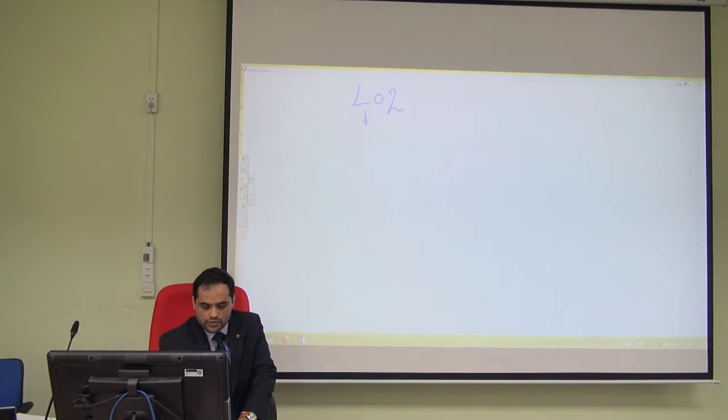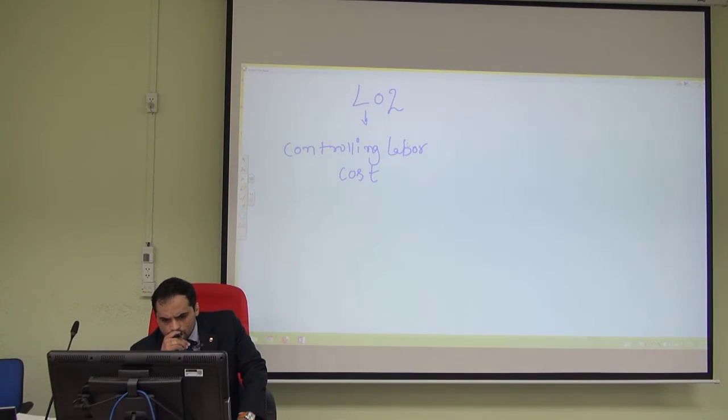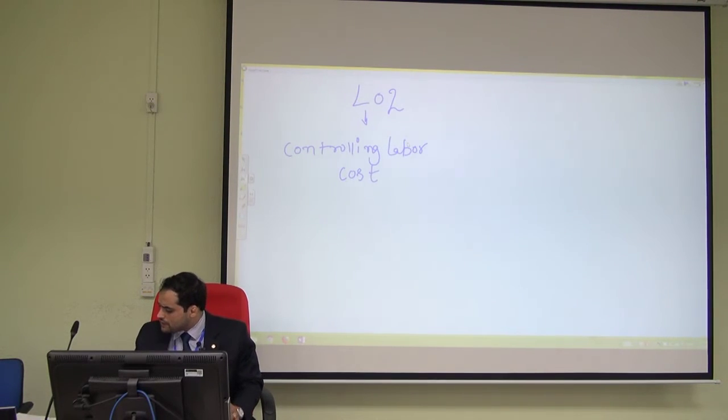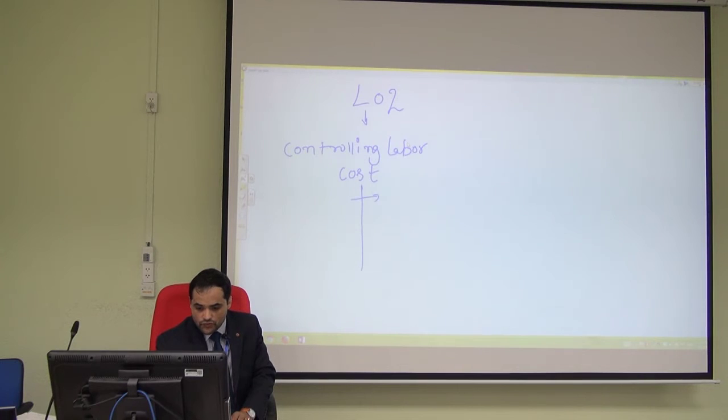In controlling labor cost, we are basically going to talk mainly about the documents and the departments involved in labor cost. First of all, I will talk about the departments and forms involved in labor cost. So let's talk from the beginning.